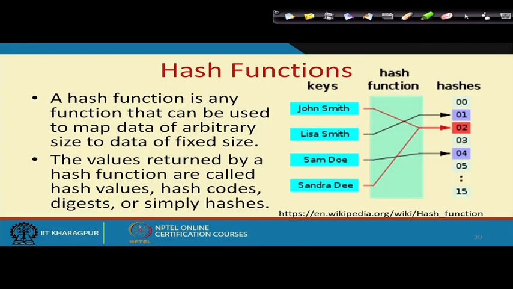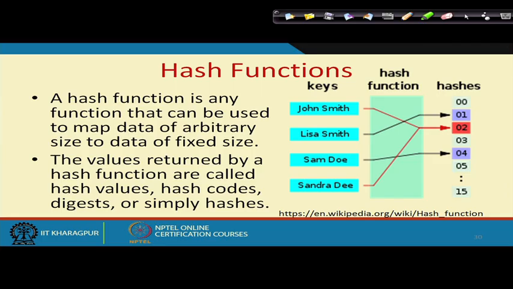Then another important terminology that we are going to use subsequently is the hash function. A hash function is any function that can be used to map data of arbitrary size to a fixed size, and the value returned by this hash function is called hash values, hash codes, digests, or simply hashes.